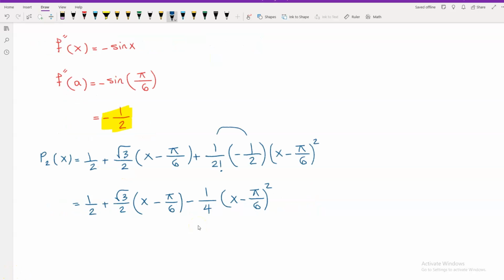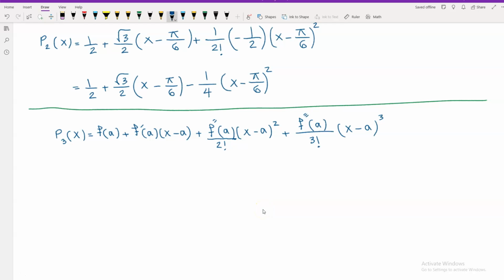Multiplying this part, 2 factorial is equal to 2, so we have 1 over 2 times negative 1 over 2, that is equal to negative 1 over 4. So P_2 is equal to 1 over 2 plus square root of 3 over 2 times (x minus pi over 6) minus 1 over 4 times (x minus pi over 6) to the second power.